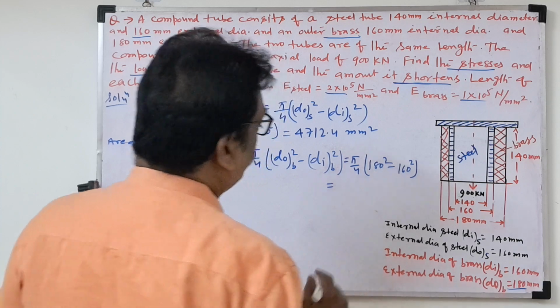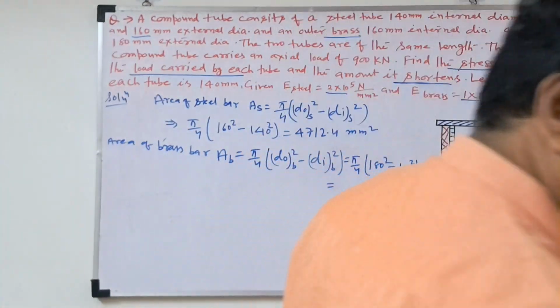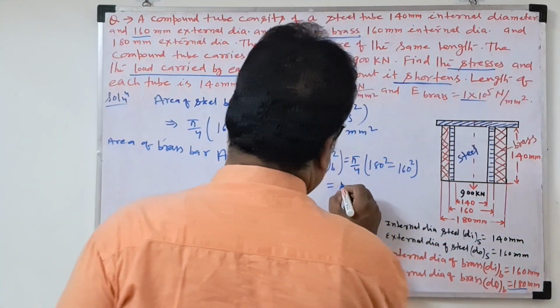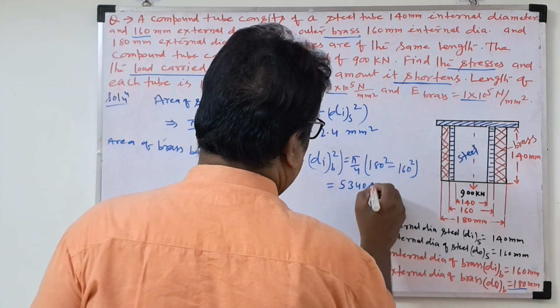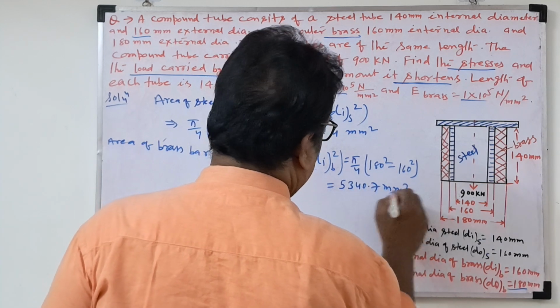This value we already calculated: 5340.7, and the area unit is mm square.